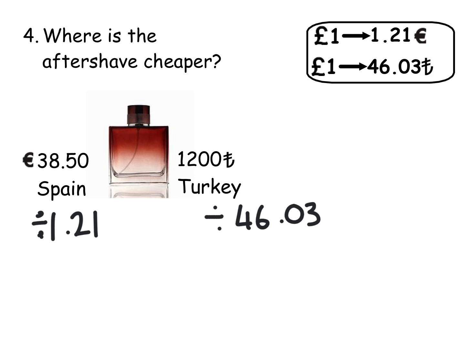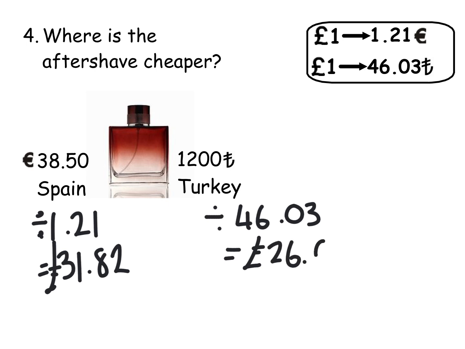So 38.50 euros divided by 1.21 gives us 31.8181. Well, let's just take that back. That's going to go to 82. So that's £31.82 if I buy it in Spain. For the Turkey one, if I divide that Turkey price by 46.03, it gives me 26.0695.